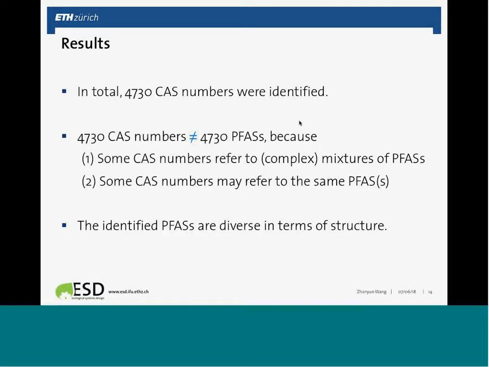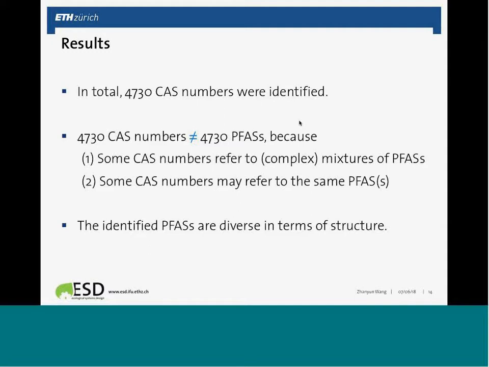Some of the CAS numbers refer to mixtures of PFASs, and sometimes these mixtures can be extremely complex. They were described as reaction products, and as it was not described in detail, from the chemistry point of view, there could be many different PFASs within this one mixture.